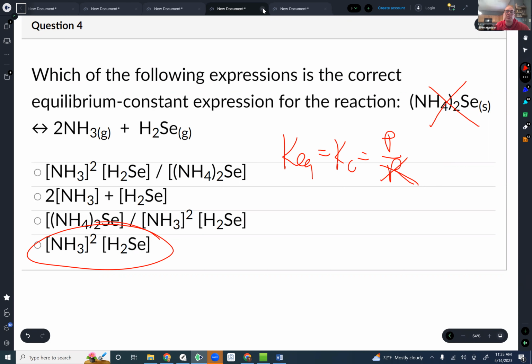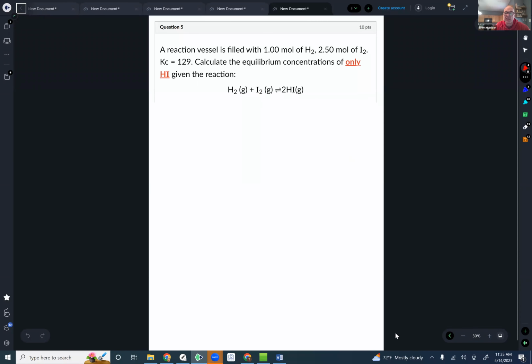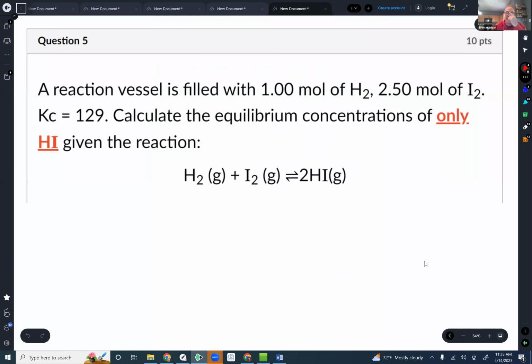Okay, so question number 5. Here is where we get into the most challenging question. This is dealing with the ICE chart. So we'll start and build one of the ICE charts. So I've got my reactants, which are H2. You know what? I'm just going to use what's written here. It's just as fine.